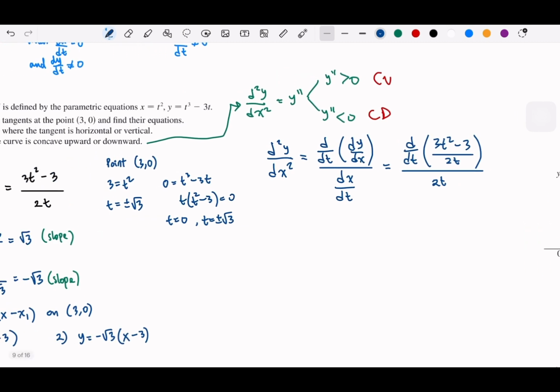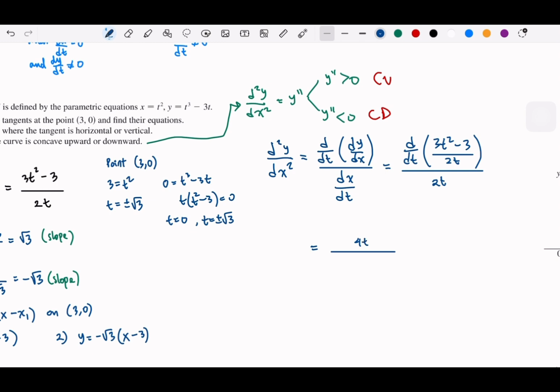Okay, and then we can start to derive 3t squared minus 3 over 2t. This will be a quotient rule for derivatives. So let me write here.